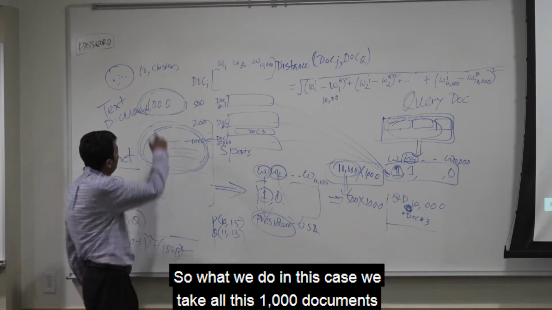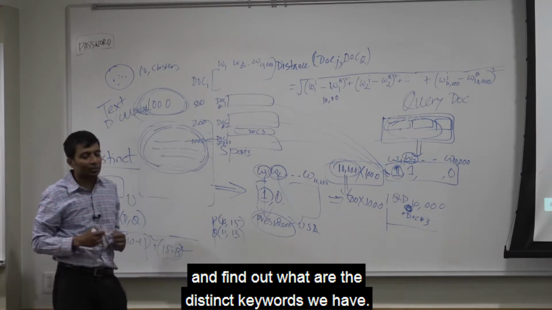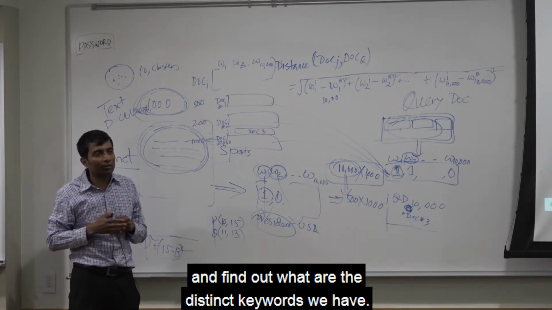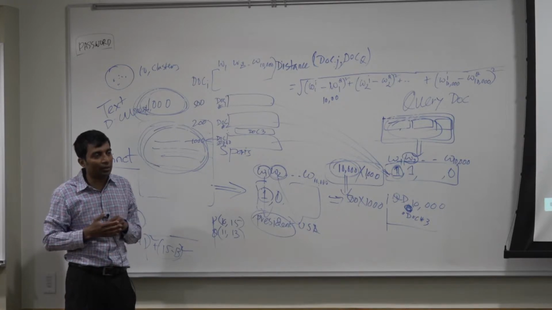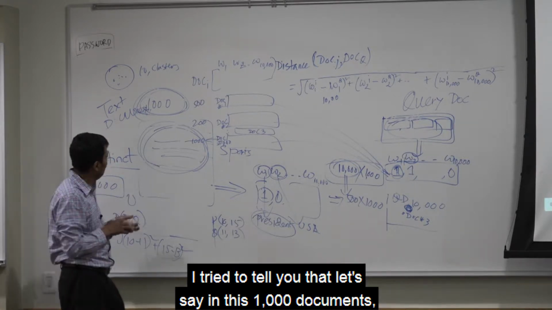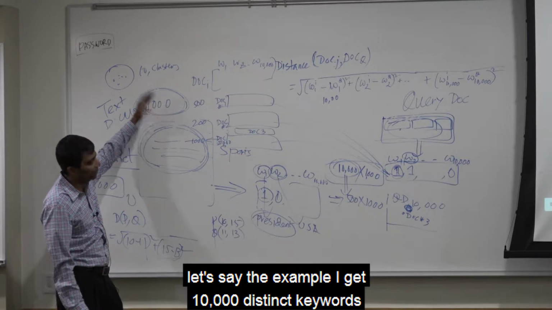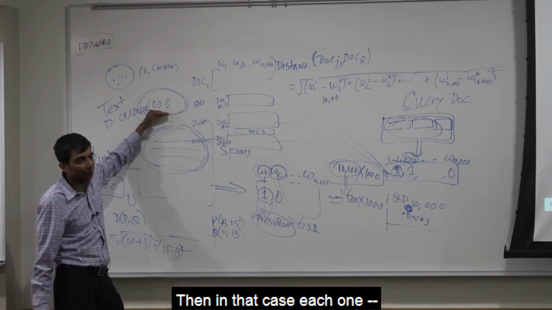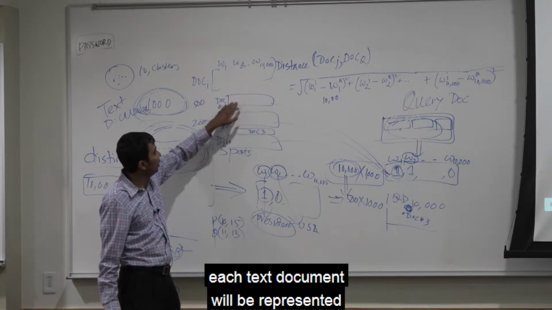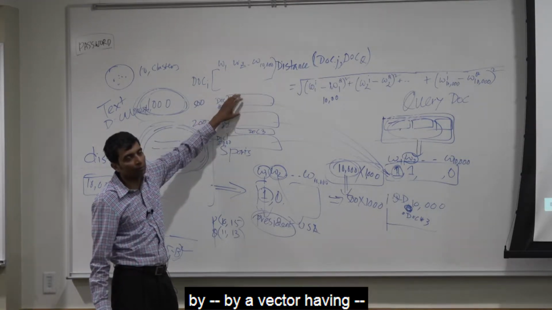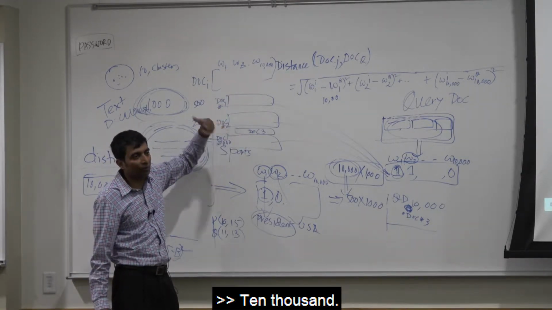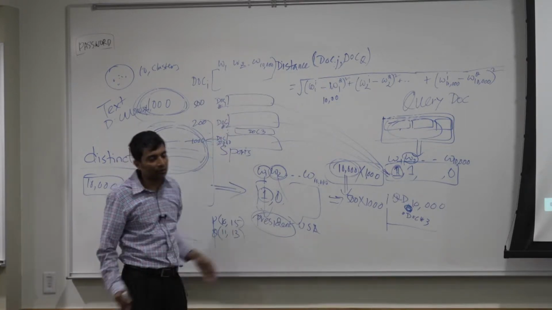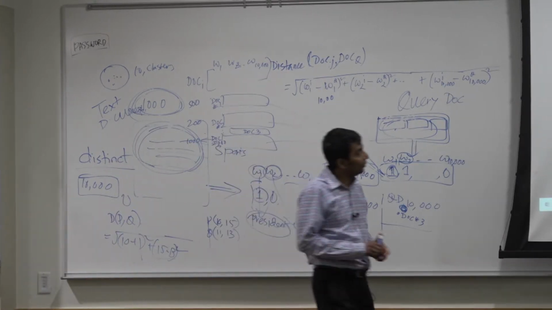In this case, we take all these 1000 documents and find out how many distinct keywords we have. Let's say in these 1000 documents, as an extreme example, we have 10,000 distinct keywords. Then each text document will be represented by a vector having 10,000 dimensions.